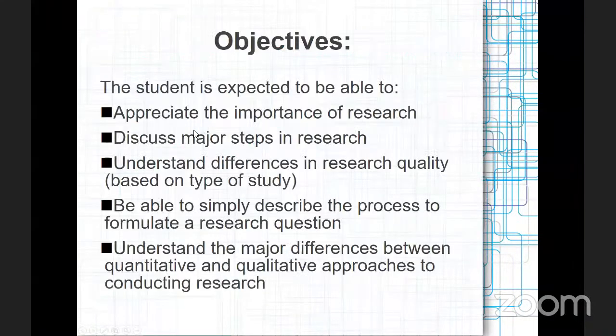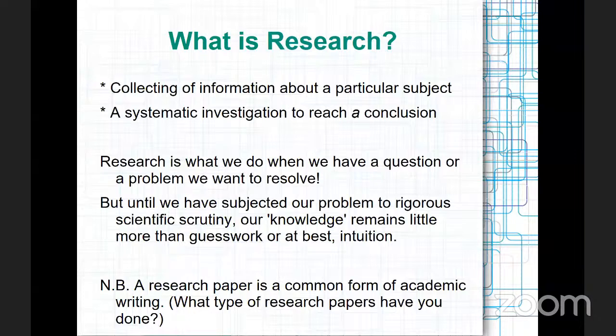Here we are. All right, so what's research? Collection of information about a particular topic, a systematic investigation to reach a conclusion. So you have a particular question or problem you want to resolve, and you want to do rigorous scientific scrutiny, so that at the end of this study, you have much more than just guesswork.